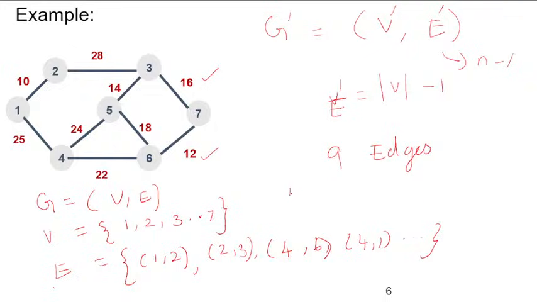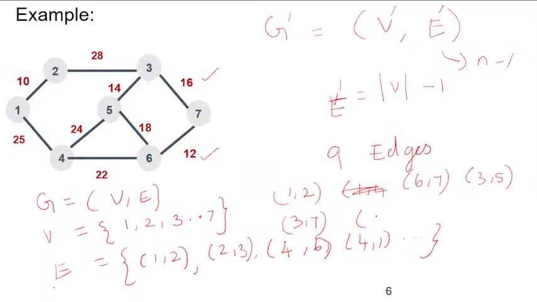So first 1 comma 2, next 1 comma 4, ascending order 1 comma 2, then the next one is 6 comma 7, and after that 3 comma 5, then the next one is 3 comma 7.